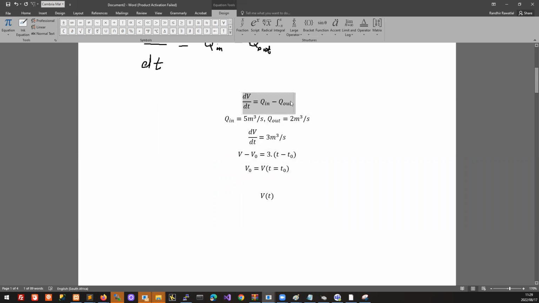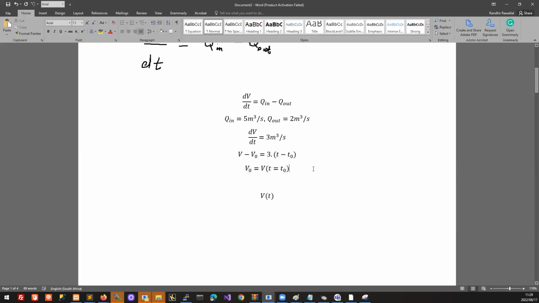But when we write the equation like this, if we solve this equation, we'll get a form with some extra constants in them. So we need additional information. And so the additional information comes in the form of, in this case, what's called an initial condition. It's saying initially at T equals T naught, the volume was V naught. So for example, let's say in this case that our initial volume was 10 cubic meters.